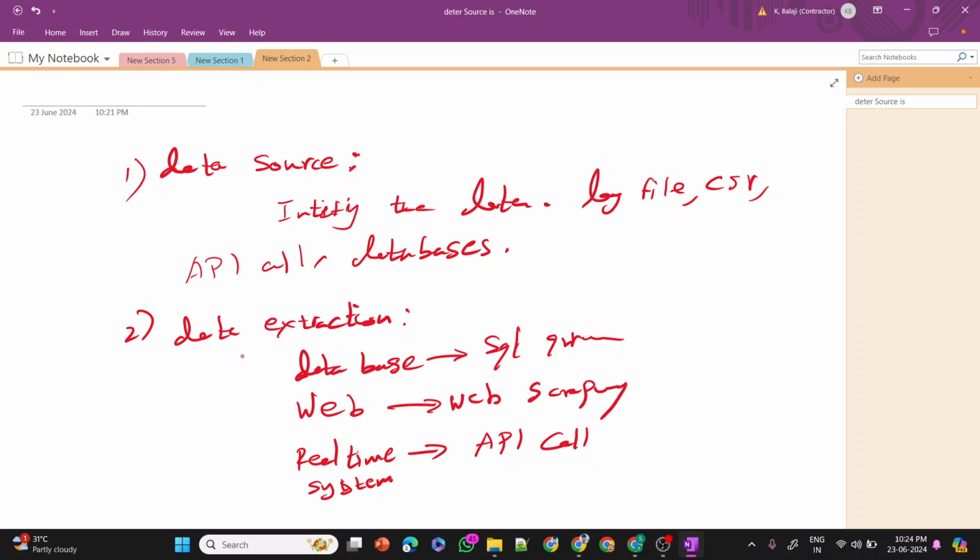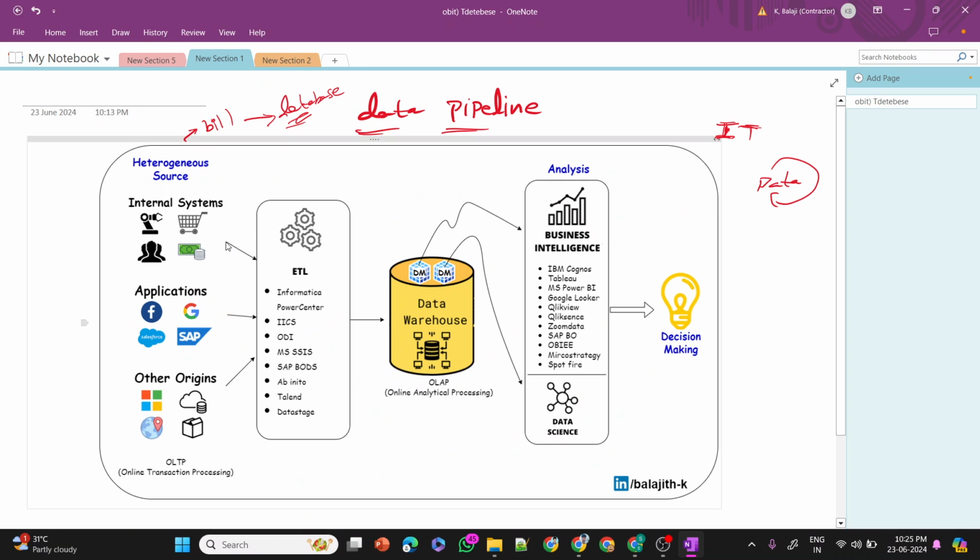To extract it, first we need to identify the data type. After identifying the data type, we need an appropriate data extraction method. Using it, we will extract the data, and after extracting the data, we need to do some ETL process. What is meant by ETL process?